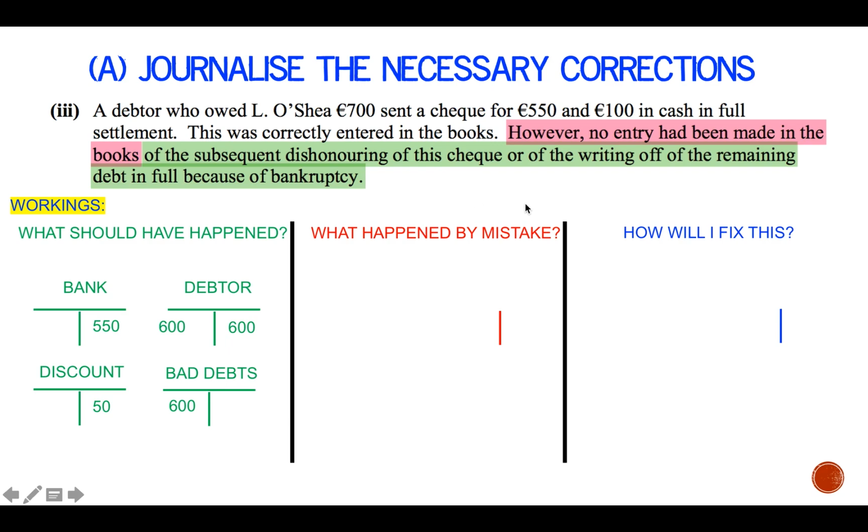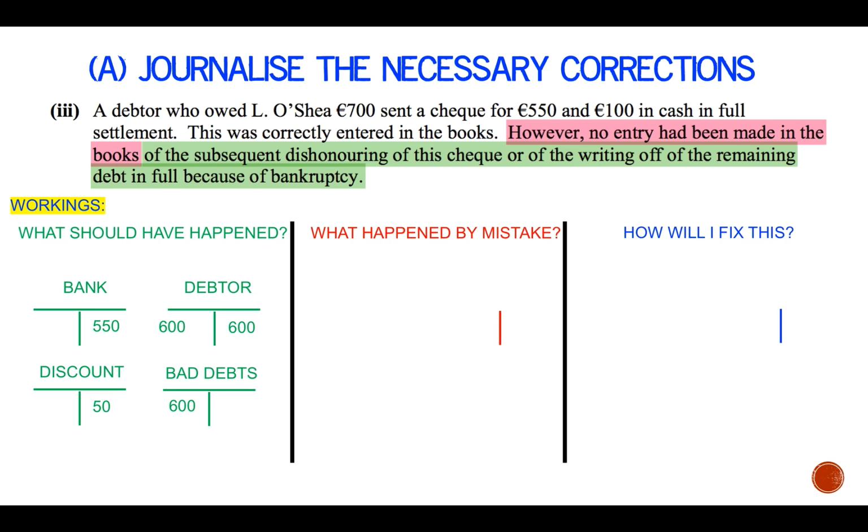Then we have to write off the remaining debt in full because of bankruptcy. So that's €600 that we just increased the debtor by. We're now going to reduce that by €600 because they have been written off. We're writing off bad debt, not going to pay us. Then the bad debts written off account, the expense account, we are going to debit.